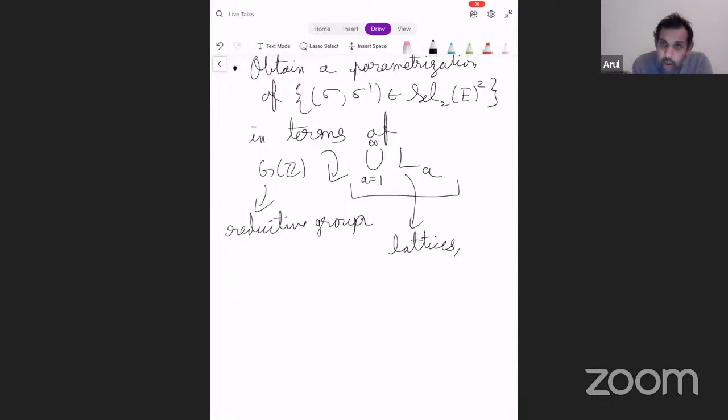So now, in order to do the count, instead of just counting points using geometry of numbers, as you could if you had just one lattice, because there's an increasing series of lattices, we have to use equidistribution methods to count orbits.